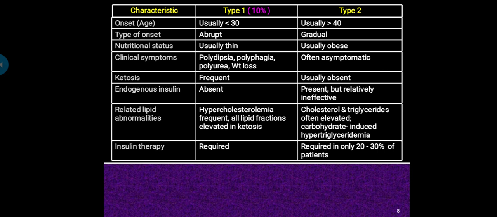Along with insulin, another agent is secreted, called C-peptide, and it can also be assayed. C-peptide level is also normal in type 2, but it is absent in type 1. And in immune-mediated type 1 diabetes, there can be presence of autoantibodies like anti-islet, anti-GAD, and anti-insulin antibodies. But in type 2 these are absent.